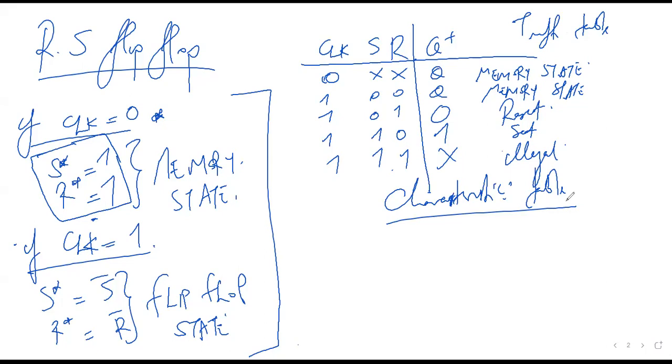How do you find the next state? It aids in finding the next state. So we have my present state Q, I have my inputs S and R, I have my next state Q plus. So if my inputs S and R are 0, 0 here, 0, 1, 1, 0, 1, 1. Let's say I have an input 1 here. What is my Q plus?